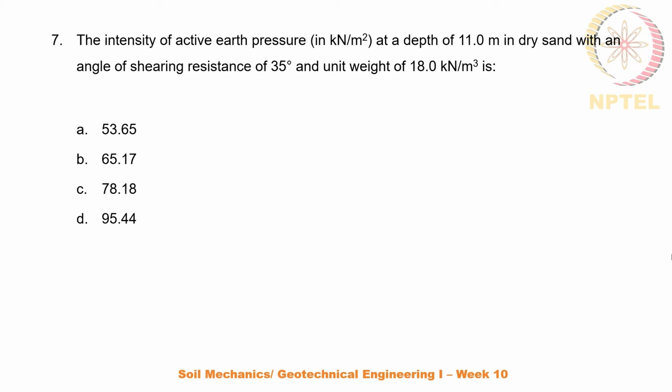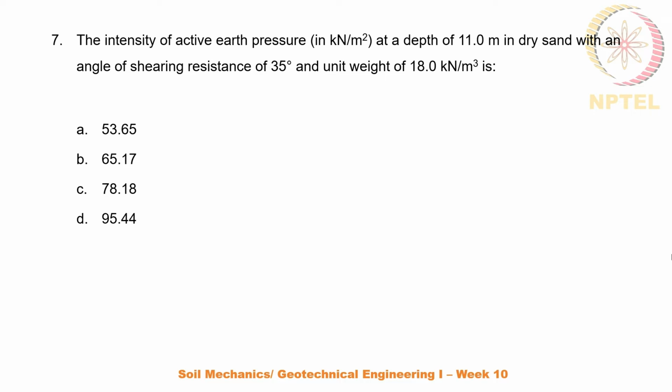We need to determine the intensity of active earth pressure at 11 meter. Option A 53.65, option B 65.17, option C 78.18, option D 95.44.